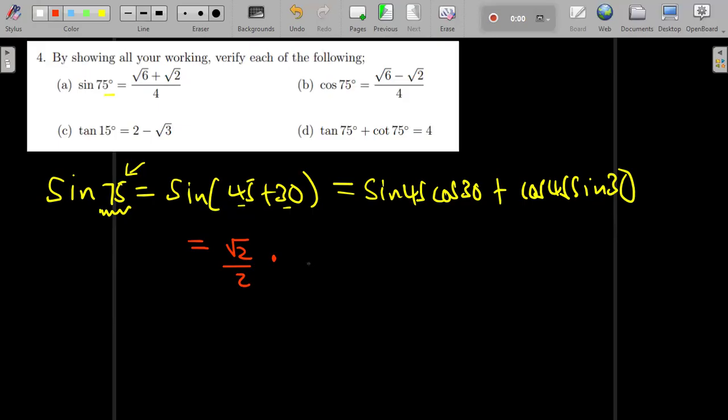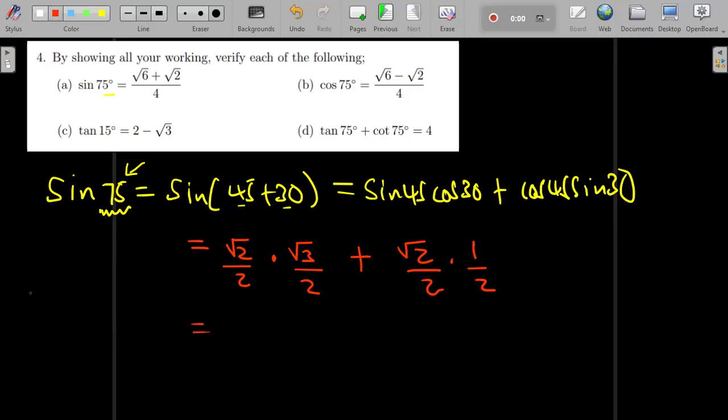So cos 30 is the root of 3 divided by 2, and then I'm going to say plus, what is cos 45? So cos 45 and sine 45 are actually equal. So it will just be the root of 2 divided by 2 multiplied by, what is sine 30? Sine 30 is half. Okay, so let's multiply.